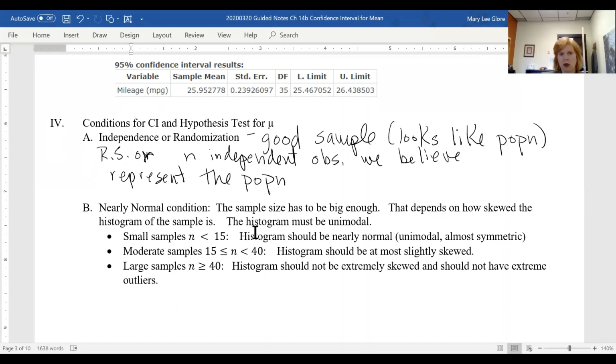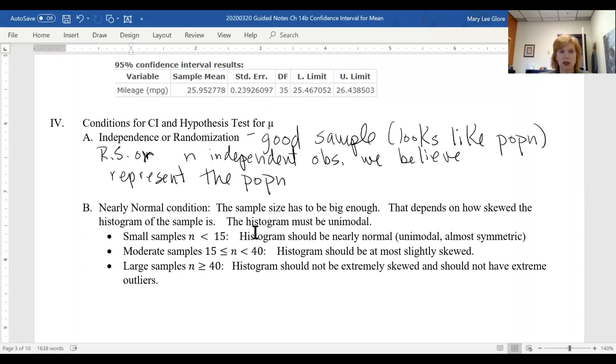So it's different. It has to do with the central limit theorem, where we talked about that if our sample's big enough, then the distribution of the mean is normal. So how big does it have to be? Well, it depends on how close to normal the distribution is to start with.